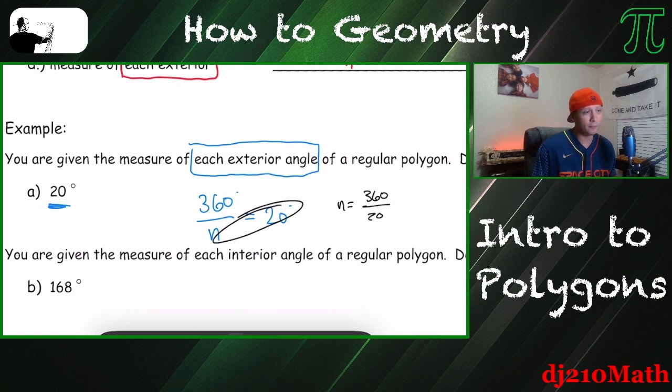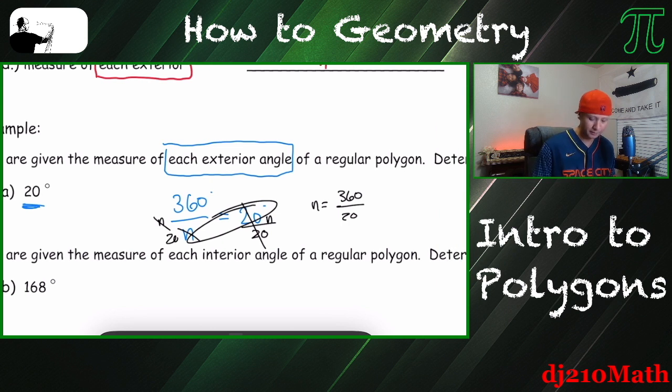Only when the variable is in the denominator do we have this nice little switch. There's nothing wrong with multiplying both sides by n, canceling on the left, dividing both sides by 20, canceling on the right, and you get n is equal to 360 divided by 20. It's the same thing. So when you put this in the calculator, n is equal to 18.